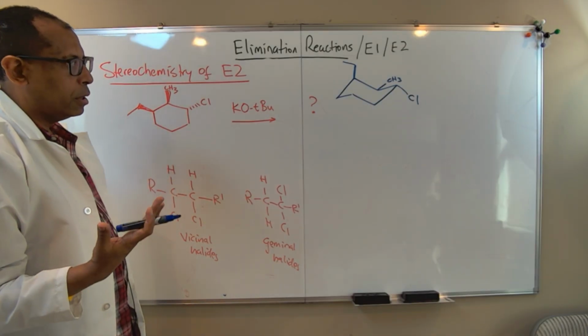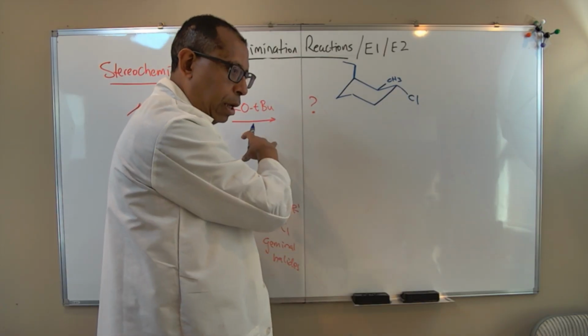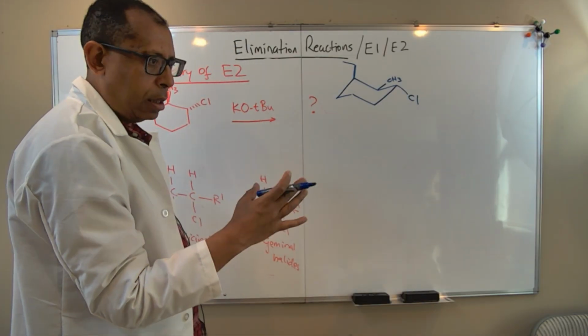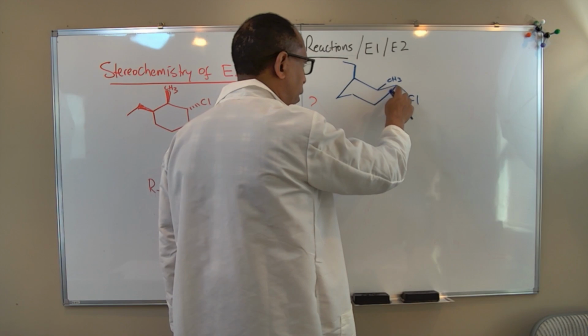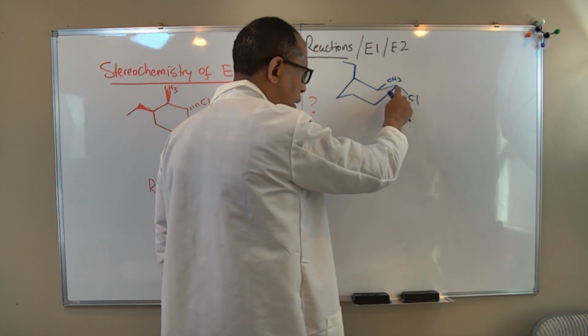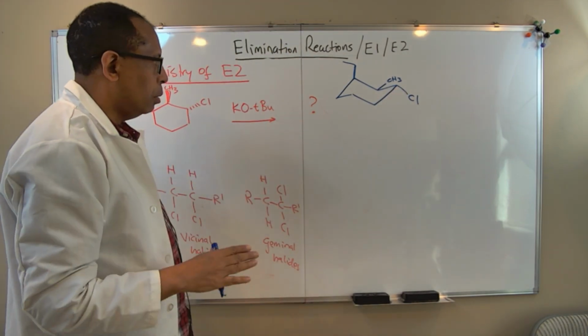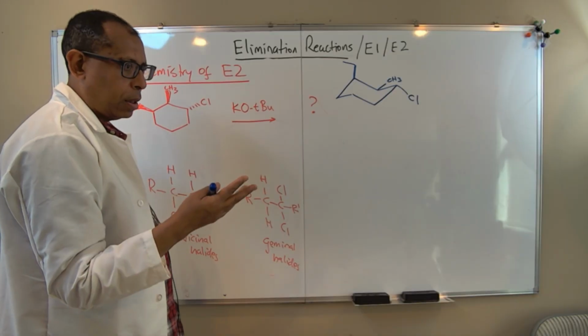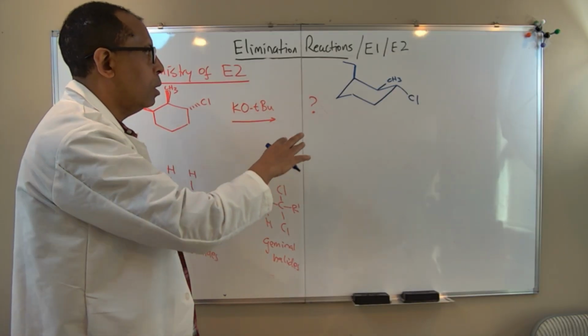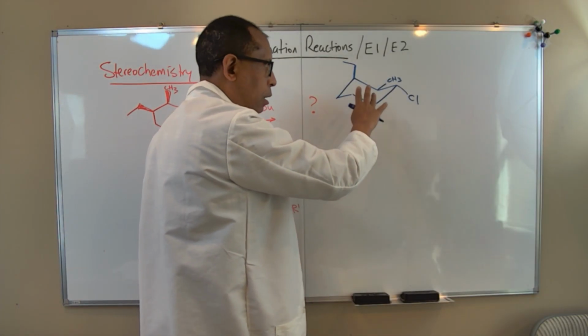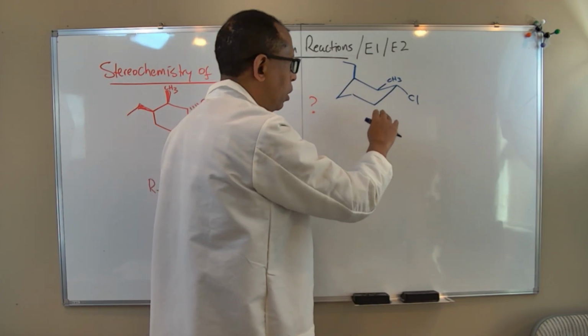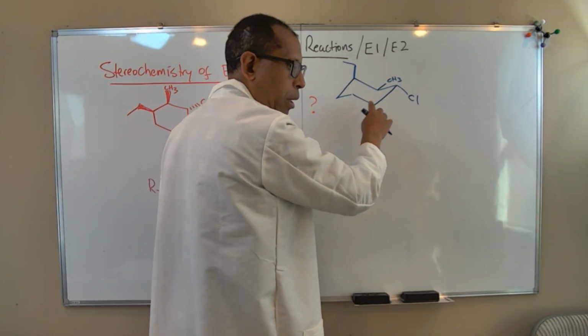As we have already discussed, for E2 reaction, the halide on the alpha carbon should be axial. That's what I suggested. So to do that, let's ring flip without making any mistake to make the chloride axial.